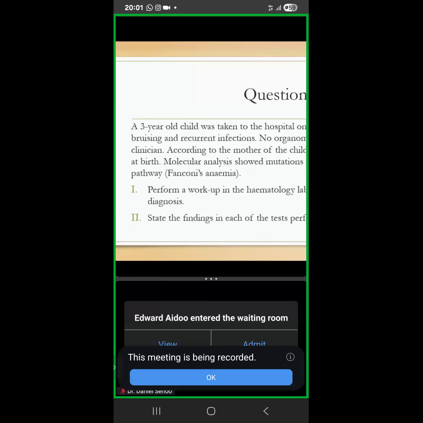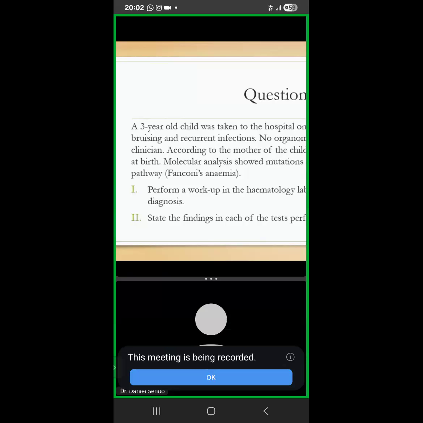Okay, so let me try another approach, maybe by answering this very first one. You are right, our first point of call will be to perform our full blood count. In the peripheral blood, you'll be seeing lymphomas, myelodysplasia, dysplastics.